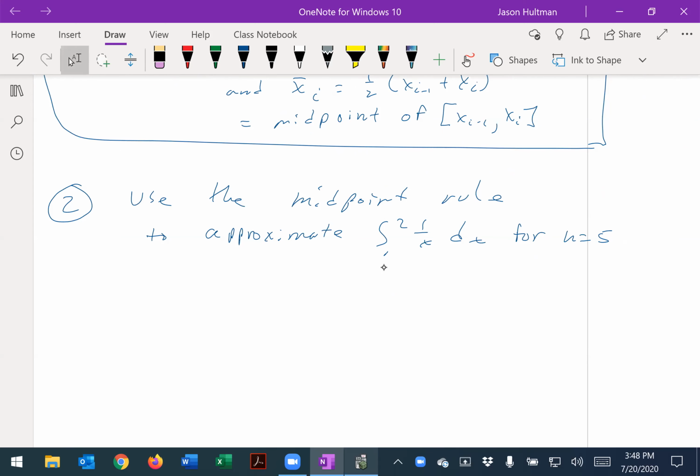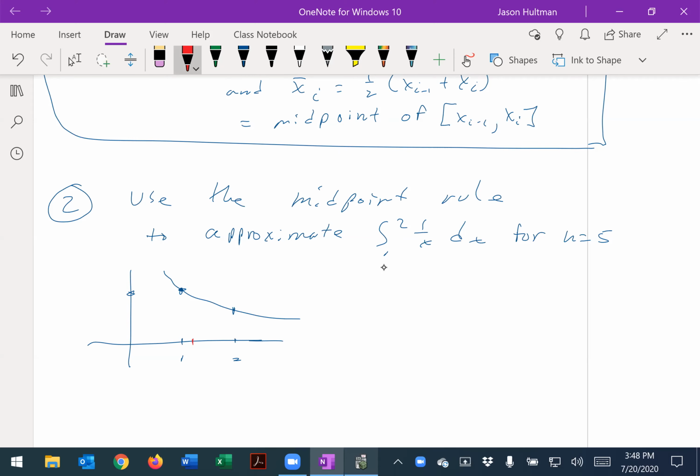Let's draw our graph. Here's my graph of 1 over x. Let this be (1, 1), and then we go out to (2, 1/2). Now I want to draw some rectangles, but how am I going to get them?